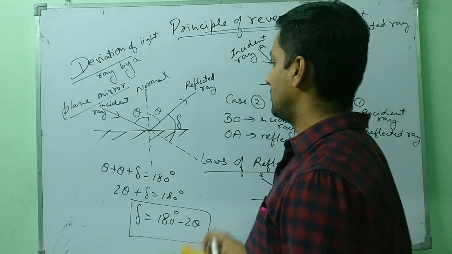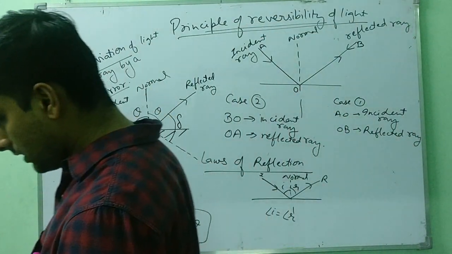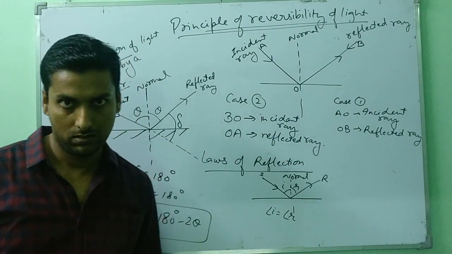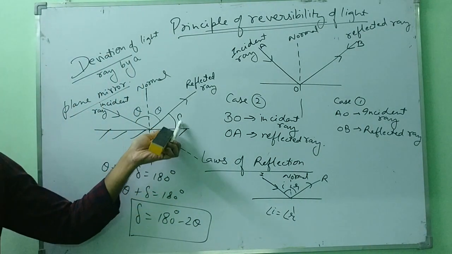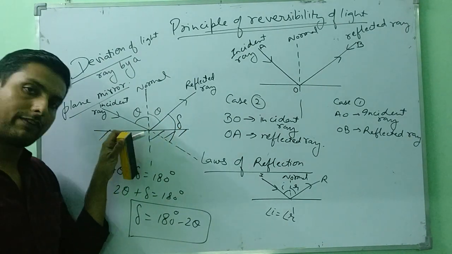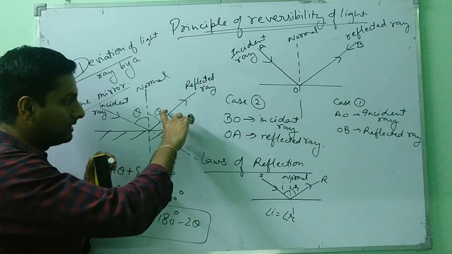This is the basic concept, that is the angle of deviation. We are talking about this del produced by a single surface. This single surface produces this angle of deviation.